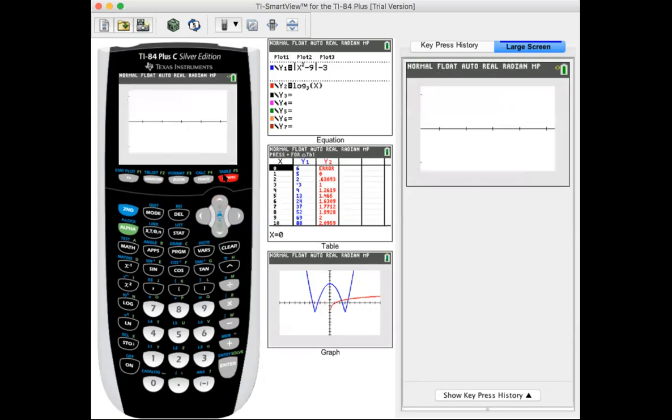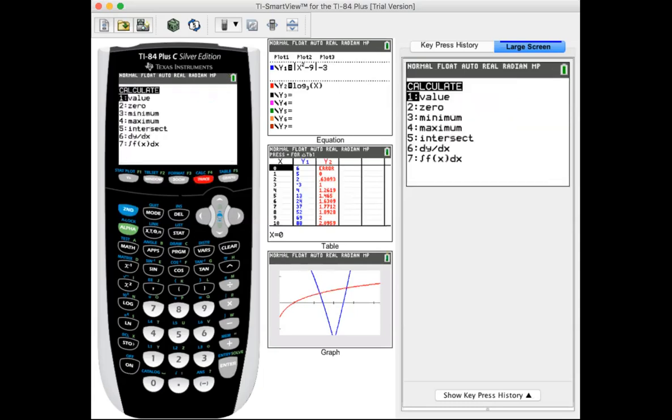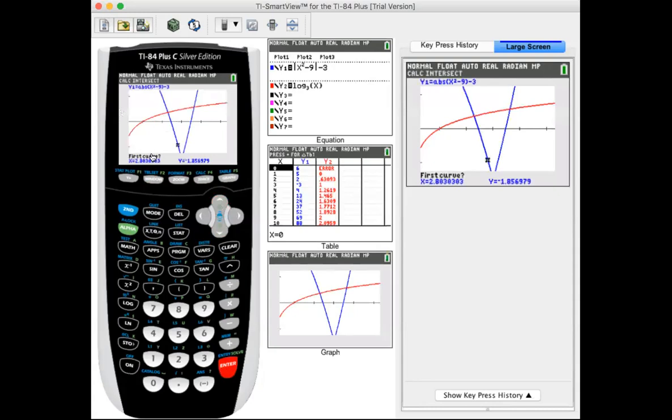That should make it go faster. A little faster. Now what I do is second calc. I'm not doing minimum, I'm not doing maximum, I'm doing intersect. Hit enter. It says first curve, the blue one, yes. Second curve, the red one. Now it says guess. It wants you to put this thing and guess where you think the intersection is. And you can see it's at 2.29.